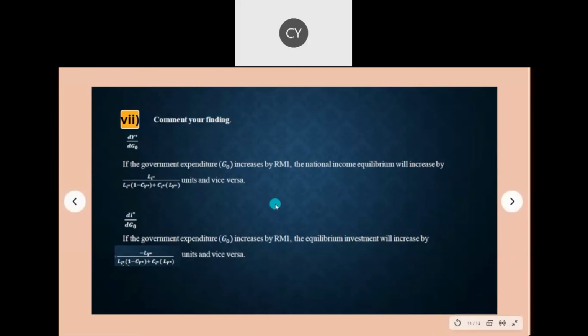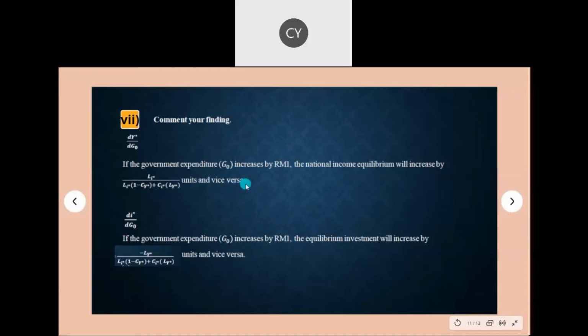Firstly, we can see how the change of G now affects Y star from the calculation, differential Y star divided by differential G now. It is a positive relationship because if the government expenditure G now increases by RM1, the national income equilibrium Y star will increase by LI star over LI star times 1 minus CY star plus CI star times LY star units, and vice versa.